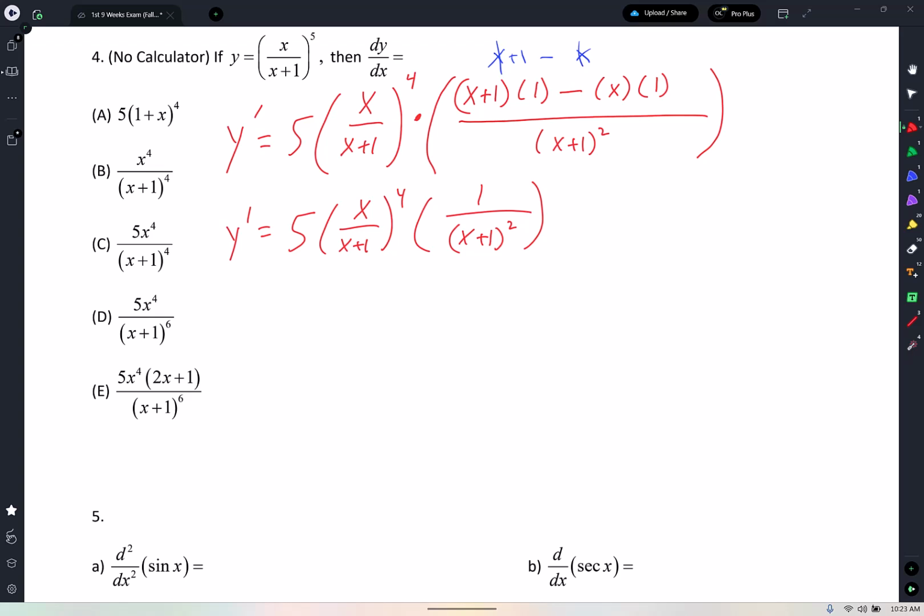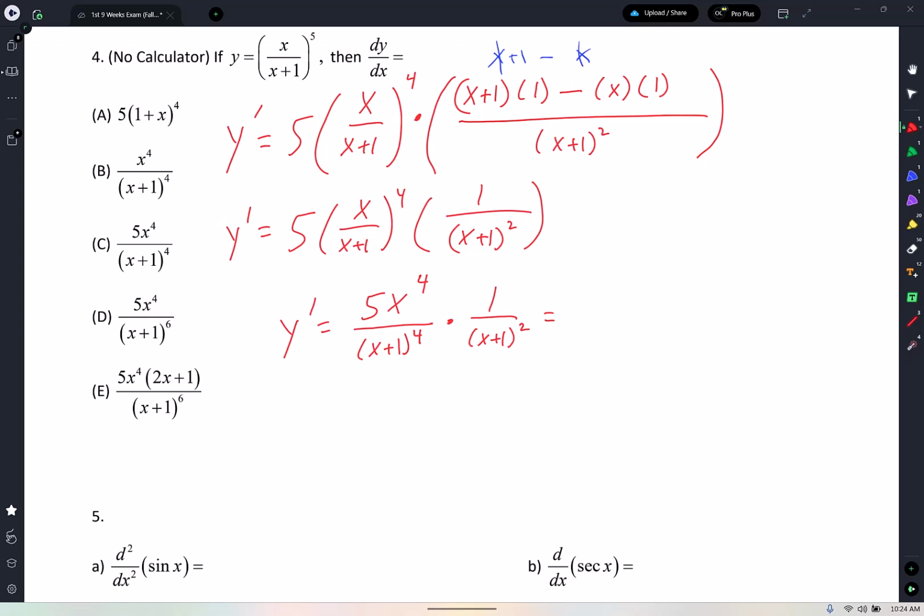Are we still okay? Y prime equals, I'm going to use the law of exponents. That 5 is going to go next to that x: 5x to the 4th over x plus 1 to the 4th, times 1 over x plus 1 squared.